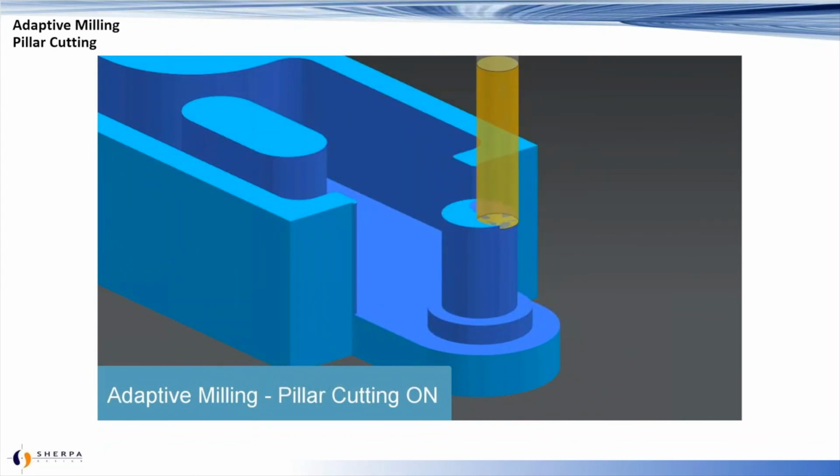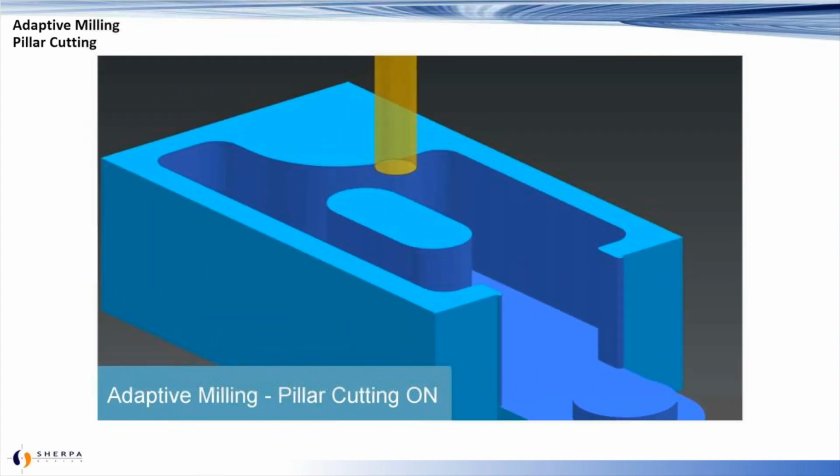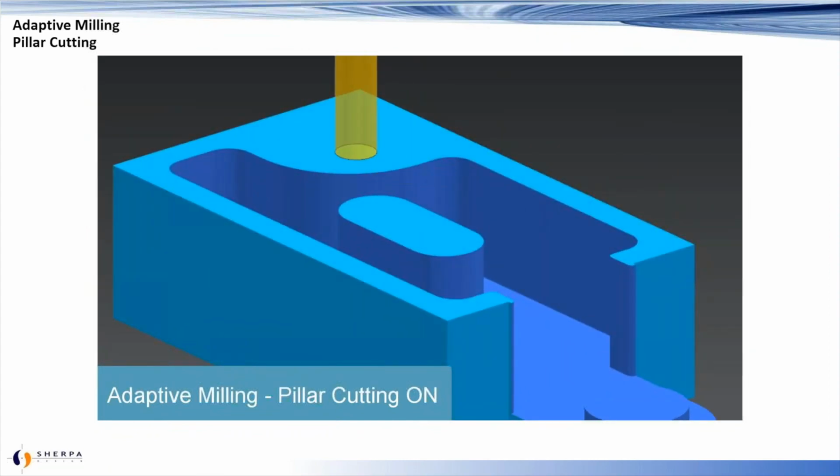So now it's just going to come up and just going to heel it all the way down. So that eliminates that little pillar in there now, and it just automatically solves it for you. And then if it's not a round geometry, it will cut it into a round geometry and do a similar helical motion down.